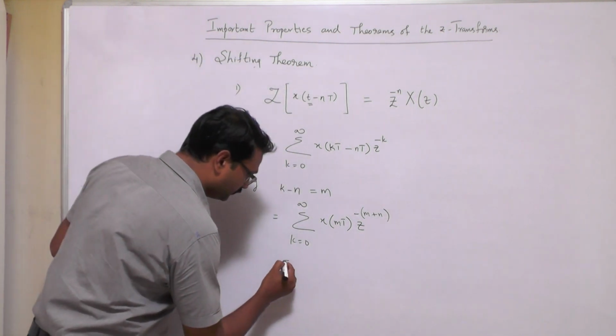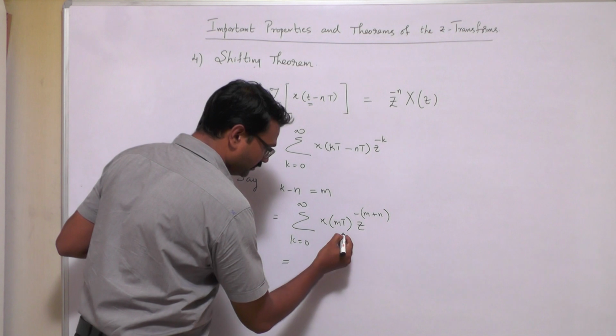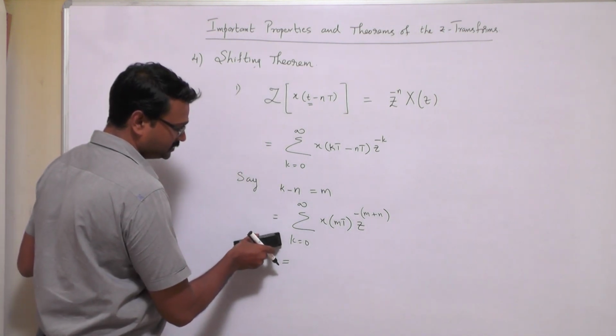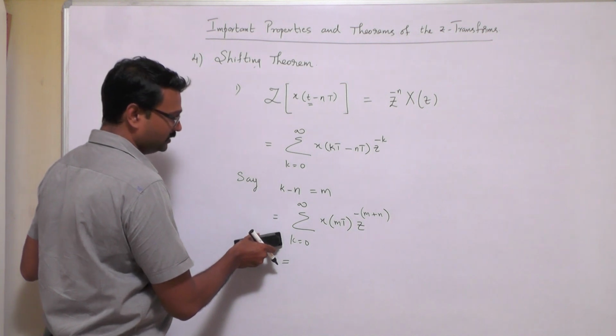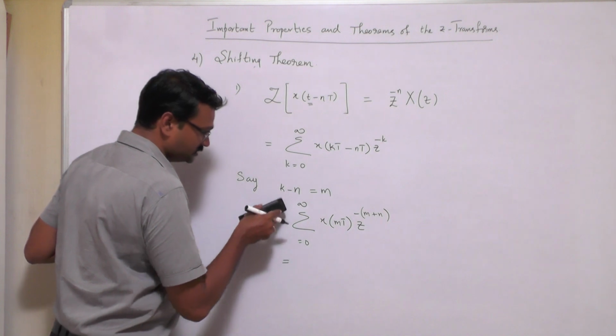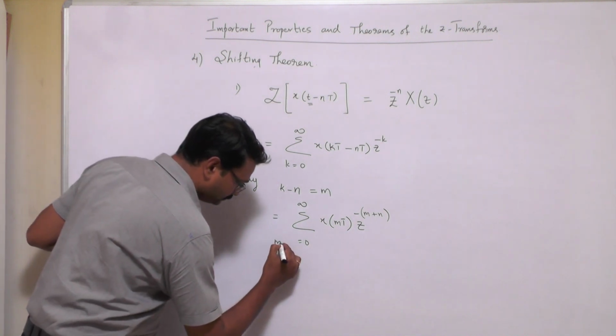So when I replace k with m and n, in this instance, k is m plus n.